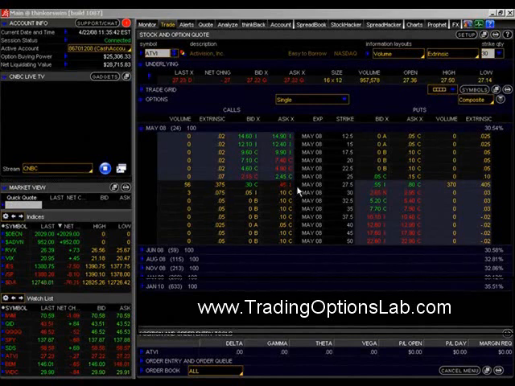You have other people who believe the stock is going to go down, and that's what makes a market. If we take a look at the options on this particular stock, we have what's called call options. We have puts. Calls are those options that people purchase if they think the stock is going to go up. People buy puts on this stock if they believe the stock is going down.